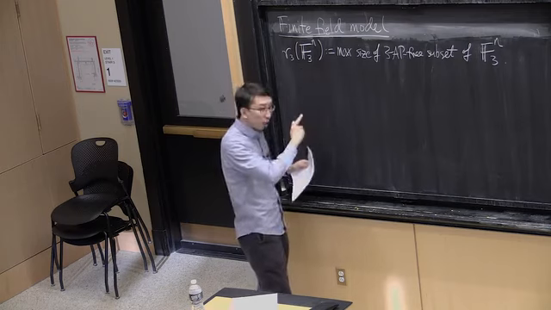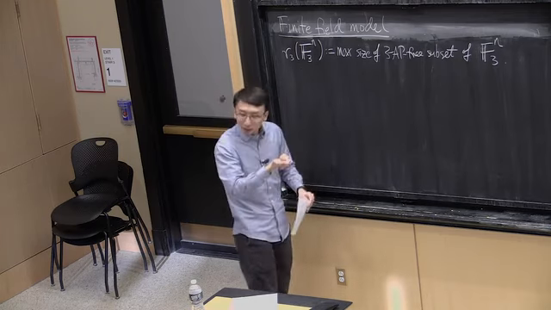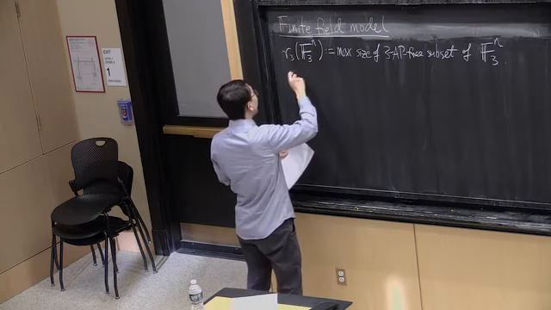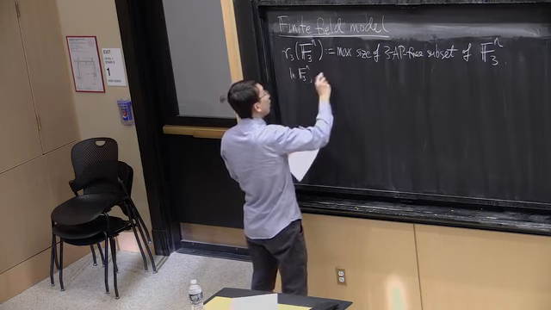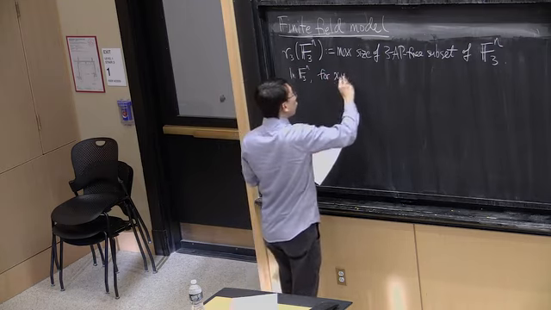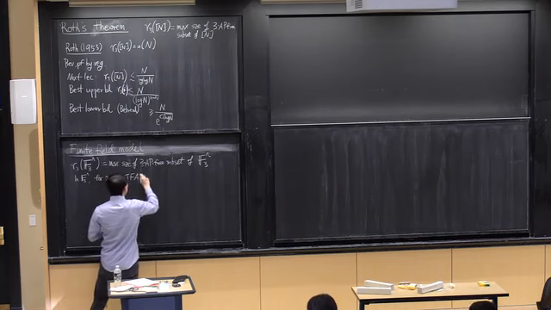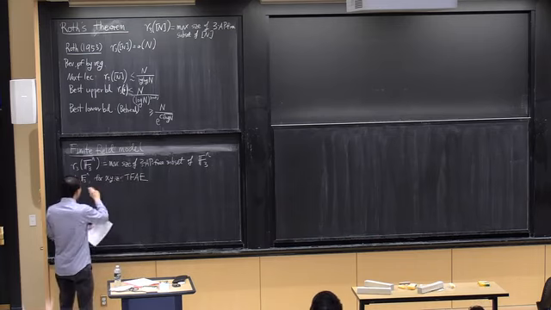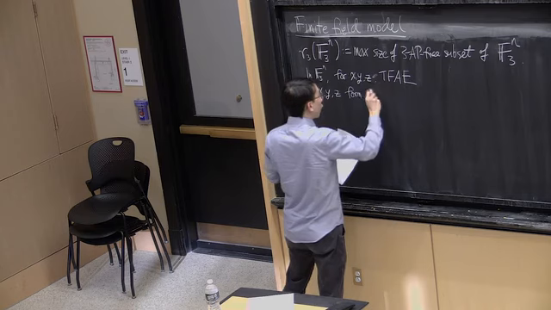For this specific problem of Roth's theorem in F3 to the n, there are some nice interpretations of what this problem means. Right, so here's a pretty easy fact: in F3 to the n, for 3 elements x, y, z, the following interpretations of what it means to be a 3AP are equivalent. So x, y, z form a 3AP.